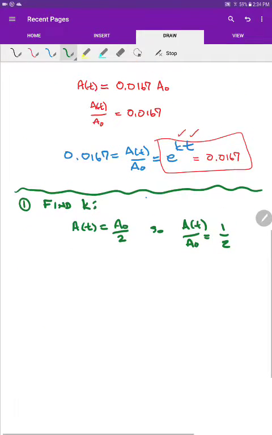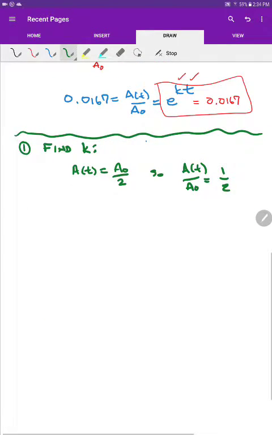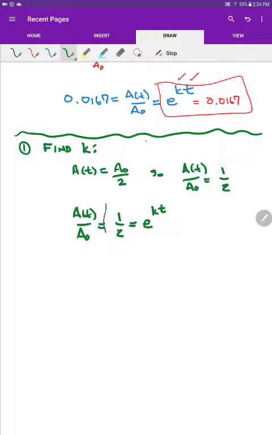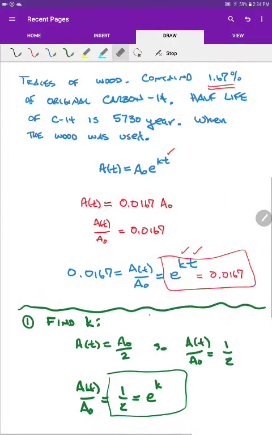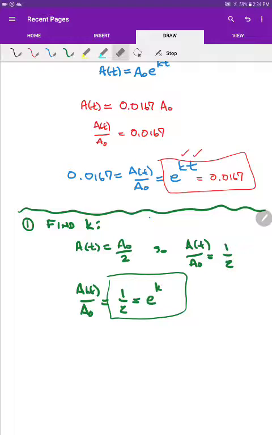And in our other problems where we doubled, we had it equal to 2. So we can set up our relationship. A of t over A of 0 equals 1/2 equals e to the kt. So now we solve this. For t, we know that half of the material gets used up in 5,730 years. So k times 5,730.